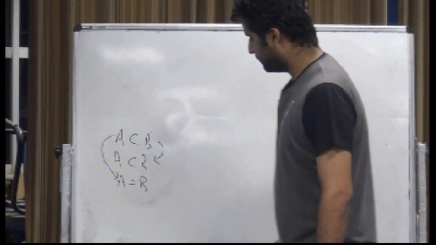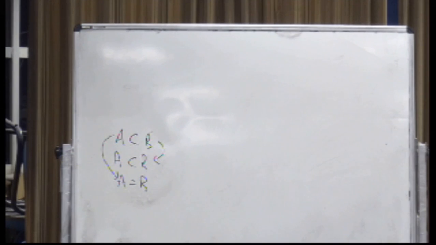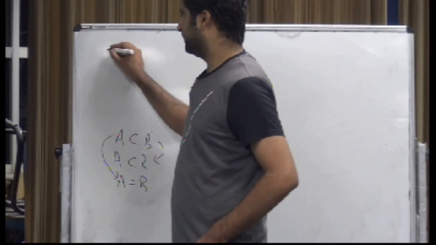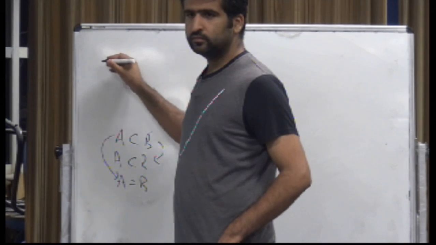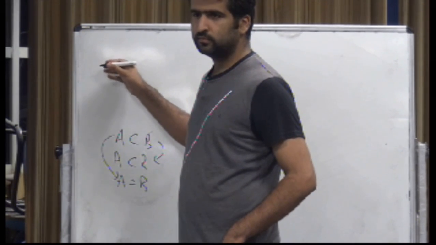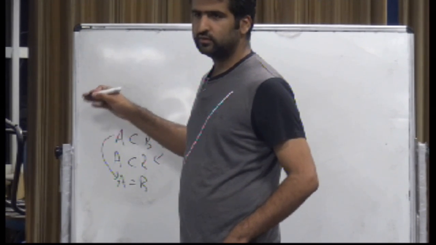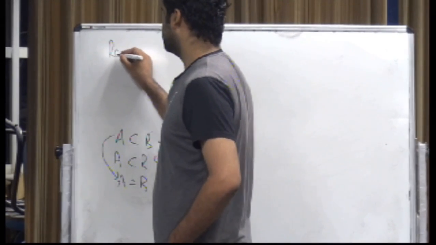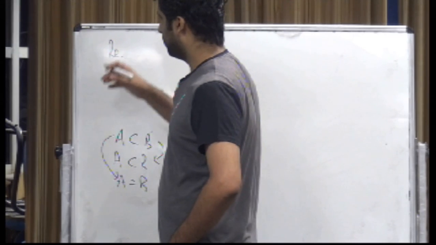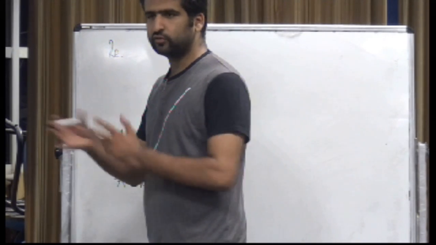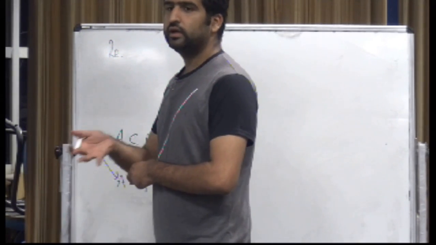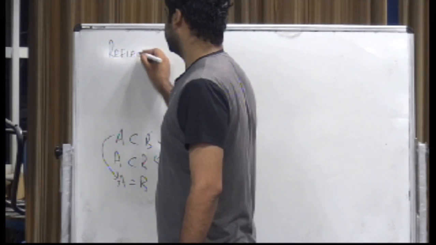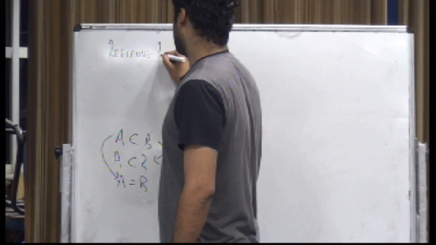So in case of relations, we have three properties which a relation can satisfy. Have you studied this in your 12th standard schools? Reflexive, symmetric, transitive. Good. So first one is reflexive. What is the relation which satisfies all these three? Equivalence relation. So first property is reflexive property.